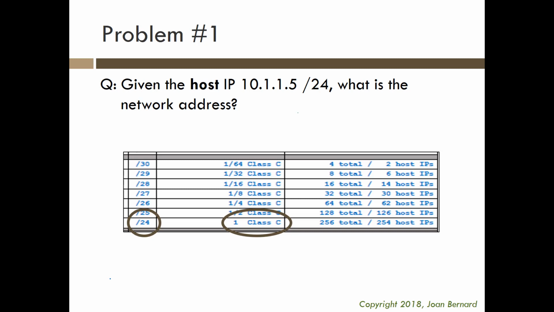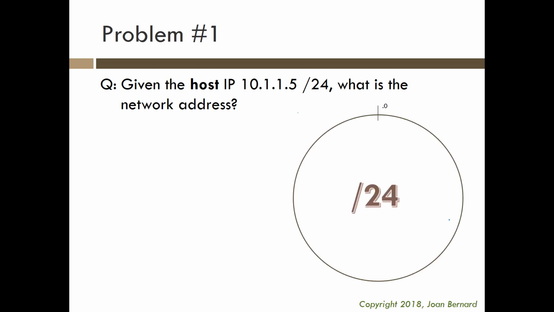A /24 network is one class C. It has 256 total IPs, 254 host IPs. Every /24 network starts with a .0. That's its only starting point for a /24. So the answer has to be the first three, 10.1.1. Those are going to stay the same, and then .0 is the only choice for the network.